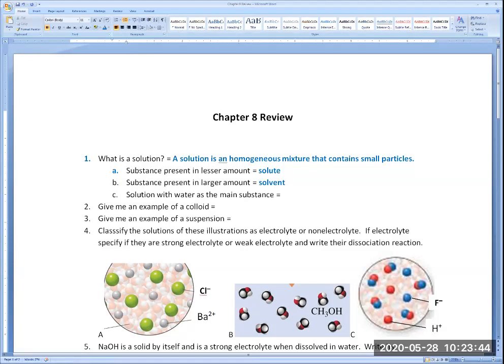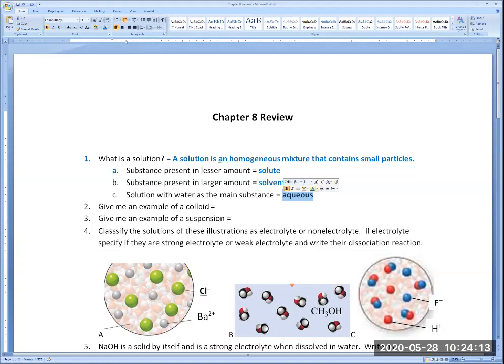Solutions with water as the main substance are called, and maybe you can tell me, there is a word for that. It starts with A. So solutions where water is the solvent are called aqueous.